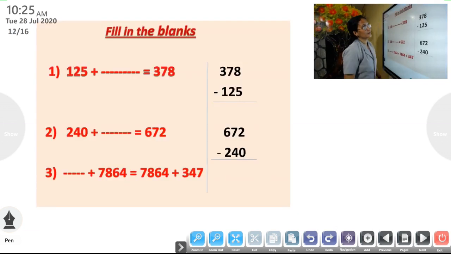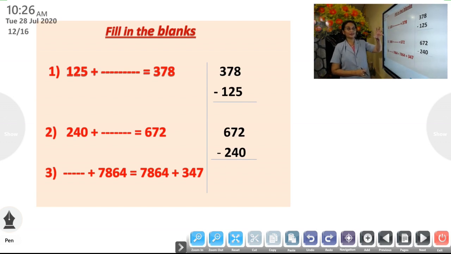Okay. Then the next one, fill in the blanks. 125 plus dash is equal to 378. See, one number is given, 125 plus another number. That is when two numbers are added, the sum is 378.